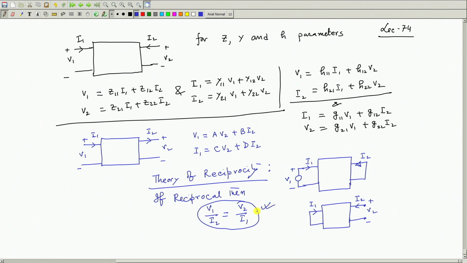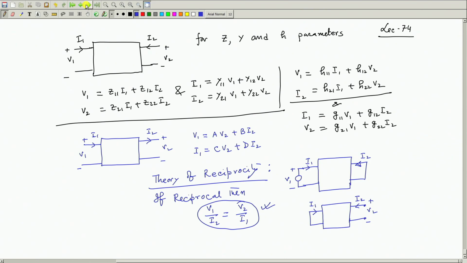We will now try to look at the situation: if a two-port network is reciprocal, what is the condition that must hold? That is what we are going to study.